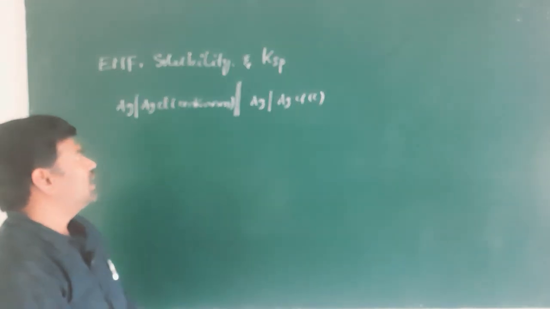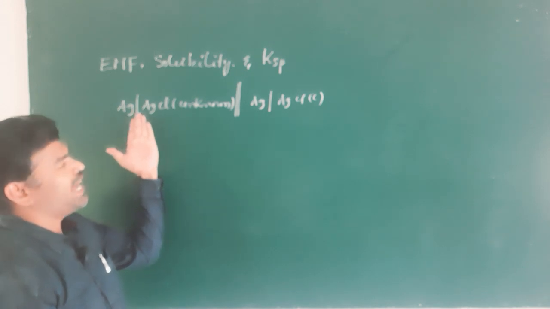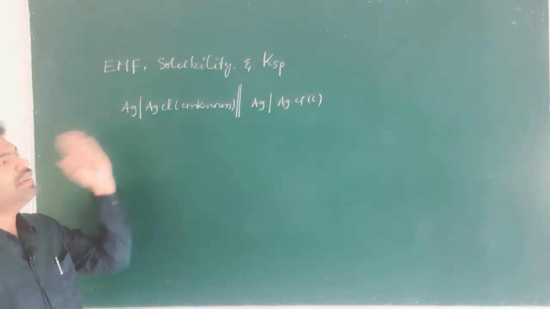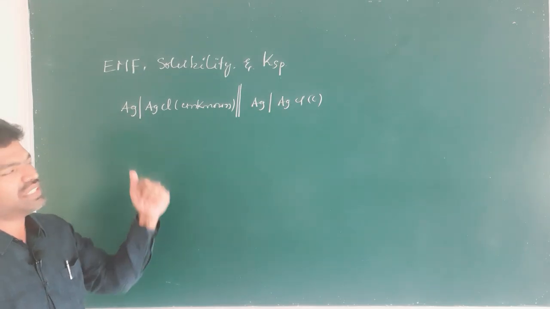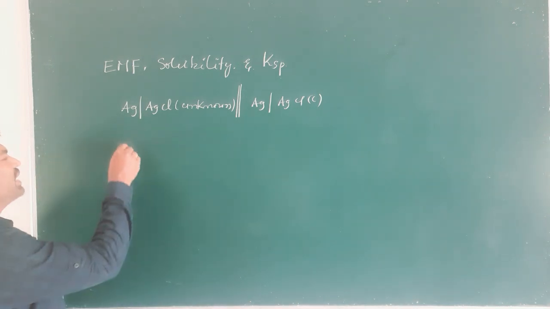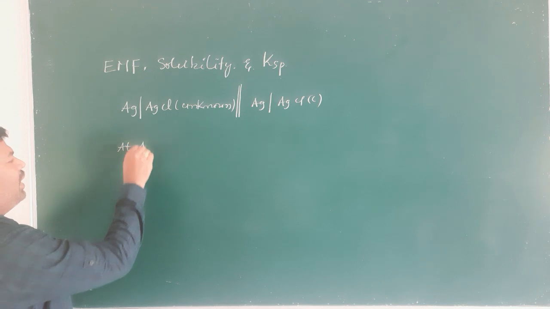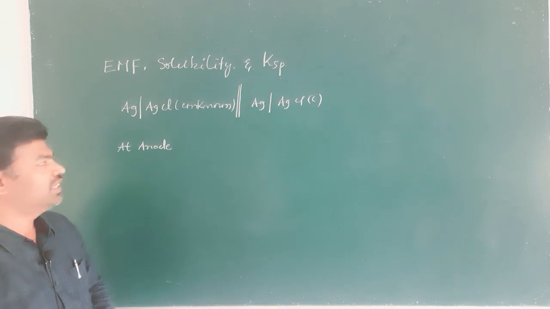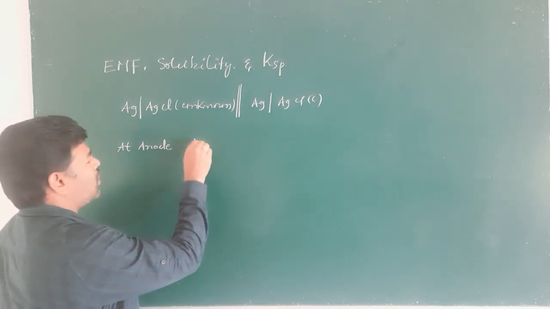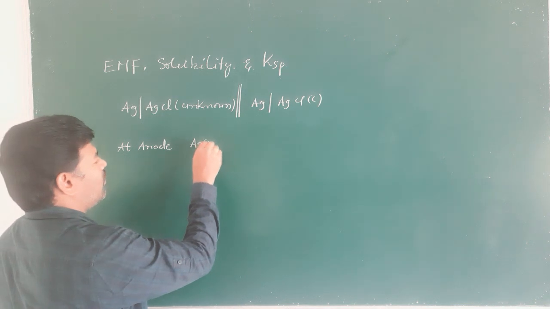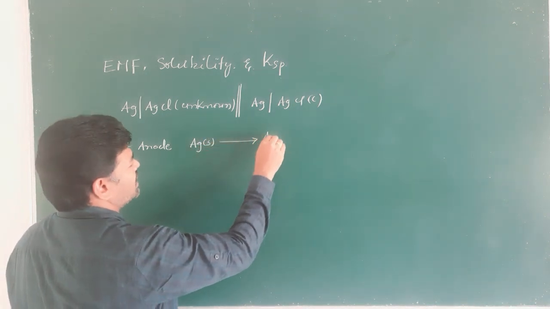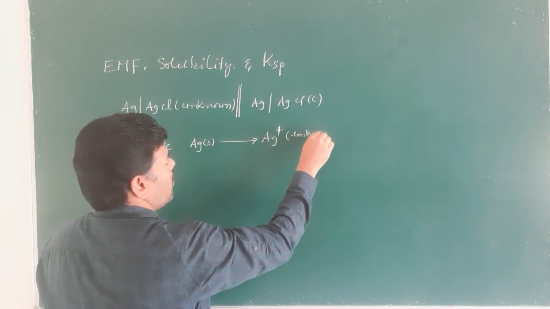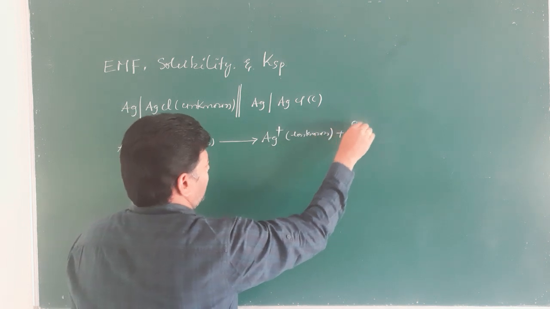Usually this is the anode, and this is the cathode. What happens at anode and what happens at cathode? At anode, oxidation takes place, that is Ag solid undergoes oxidation to give Ag plus, whose concentration is unknown, plus electron.